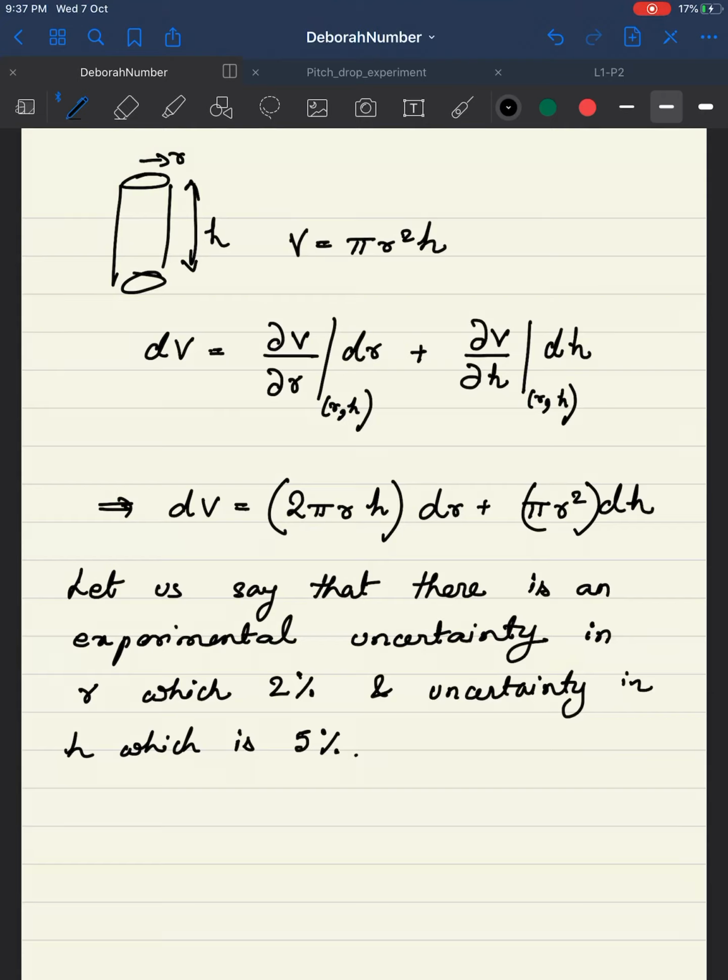So the problem at hand is, because these are the experimental variables r and h, you have an uncertainty. Now the volume of the cylinder is being calculated on the basis of these measured variables. So what is the resultant uncertainty in V when you calculate volume?